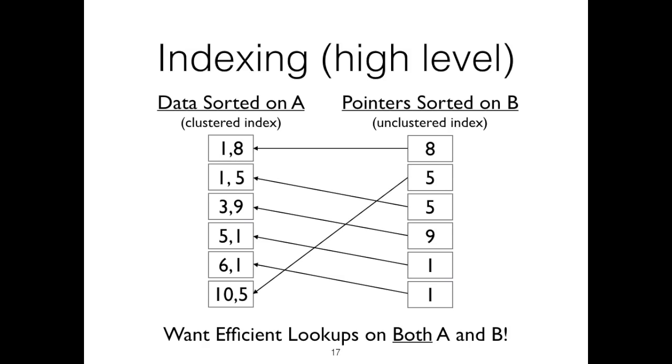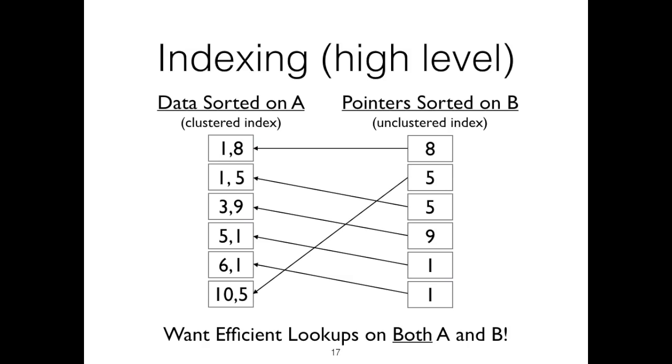Where do those pointers exist? Like, where do you store them? How are you storing them? So in effect, with the unclustered index, let's say you have 10 attributes in your data. Normally you'd store all 10 attributes on disk in a clustered index.